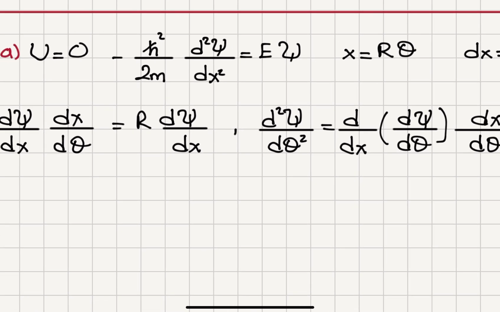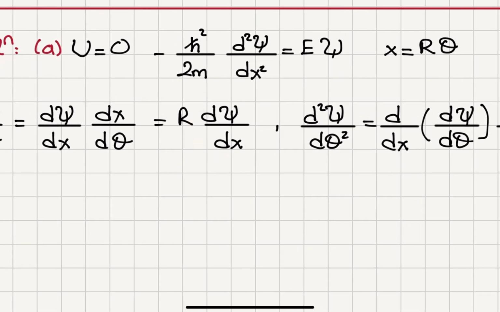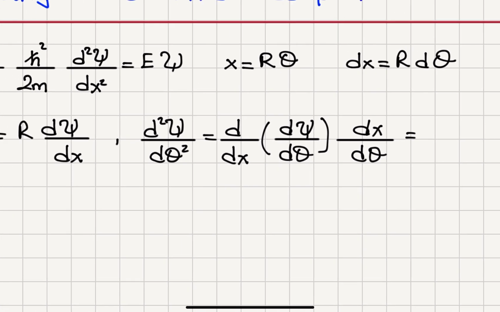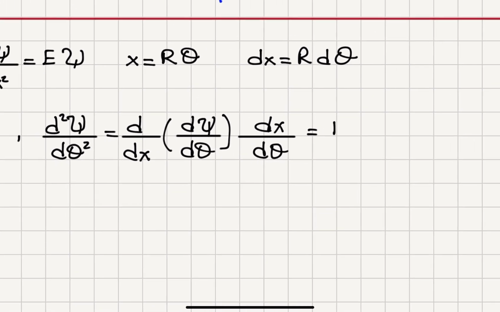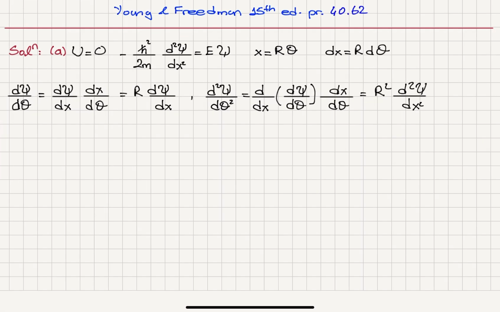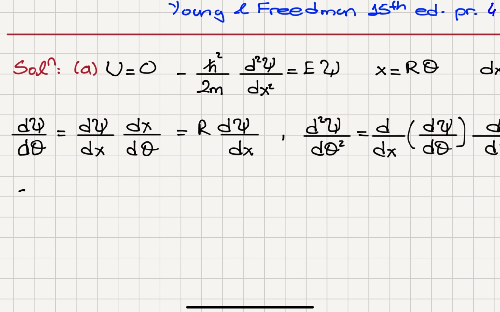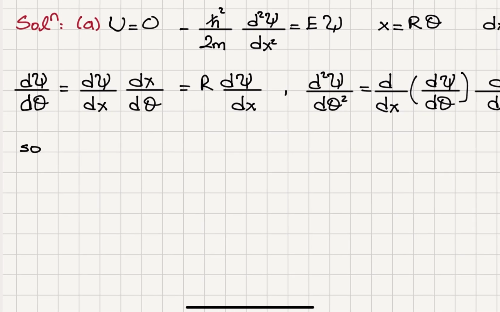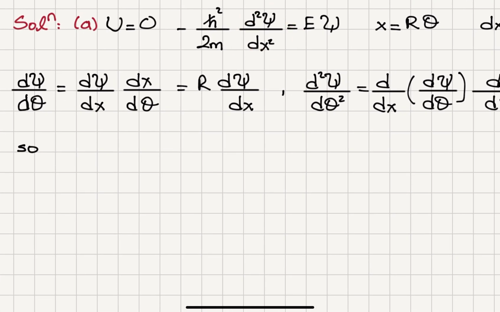And d psi d theta is capital R d psi dx, so its derivative with respect to x is capital R times the second derivative with respect to x, but dx d theta will give me another capital R, so this is capital R squared d squared psi dx squared, as we can see here. Okay, so we realize that from this result, d squared psi dx squared is 1 over R squared times d squared psi d theta squared. So that's what I will substitute here.